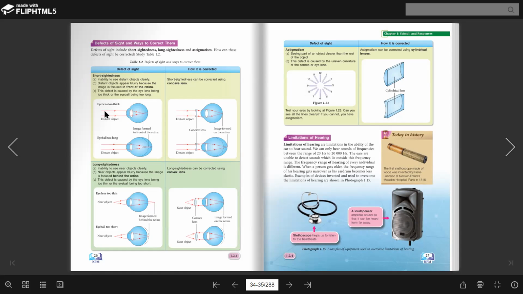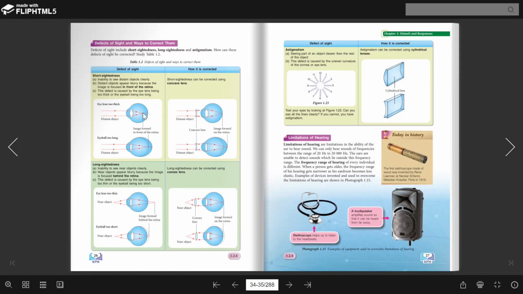When the light enters the eyes, if you notice, the image is formed in front of the retina. The retina is here, at the back. Those who have short-sightedness, the image forms in front of the retina.